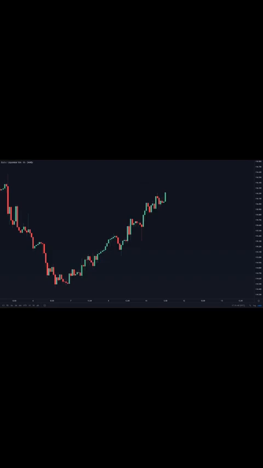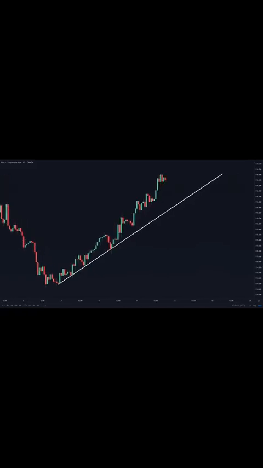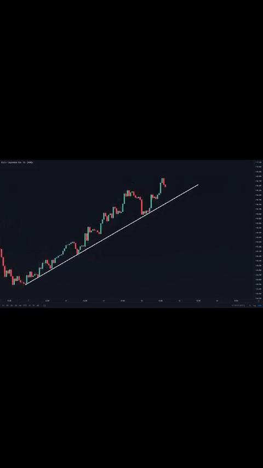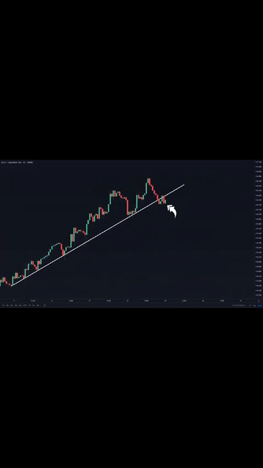It formed higher highs while respecting this bottom level, meaning we can also draw an upward trend line below it. Now here's what you need to remember. As long as the price remains above the trend line, it means that the uptrend is still valid. So in order for us to find a reversal, the price has to break the trend line first. And so we want to wait until the price breaks the trend line, as you can see here.